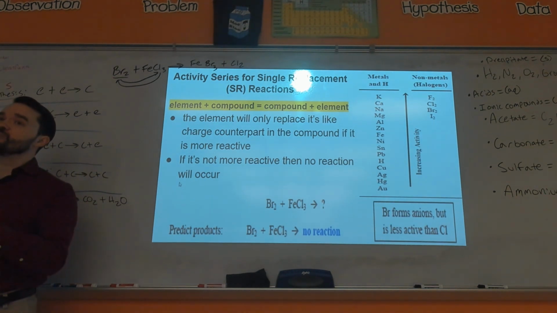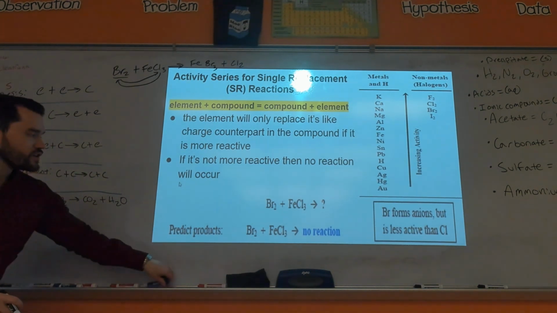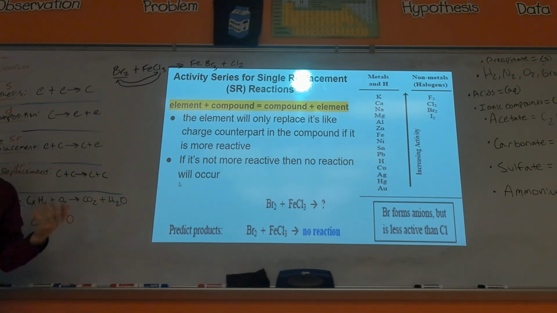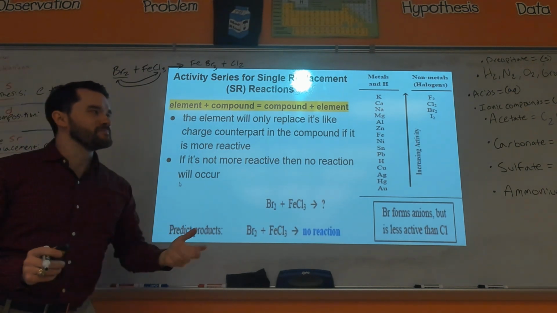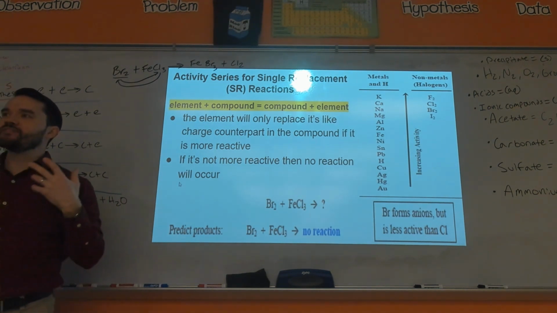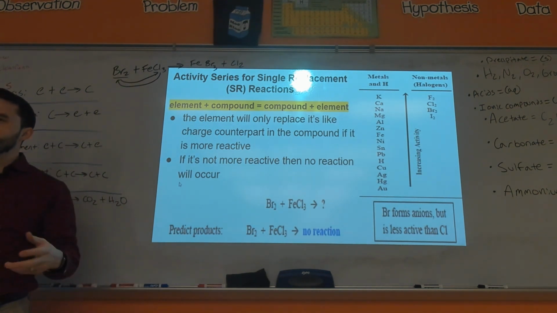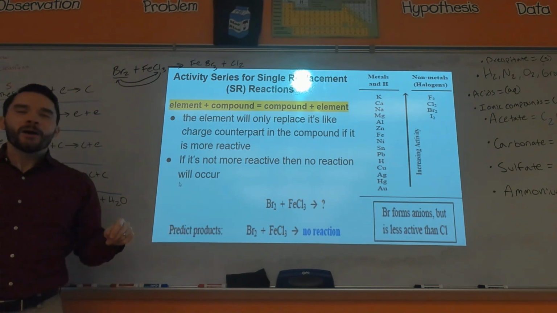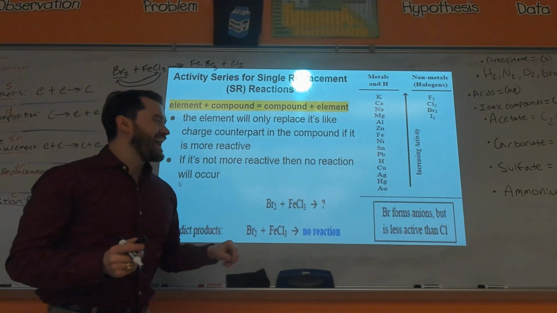But technically, when you're doing these reactions, what we're assuming is that iron would rather be paired up with bromine rather than chlorine. Think of it this way, I've been married for a long time, and I like to think that my wife loves me, and we got a good marriage and stuff. Let's say we're at a party, and, let's say, Pete Davidson's there.